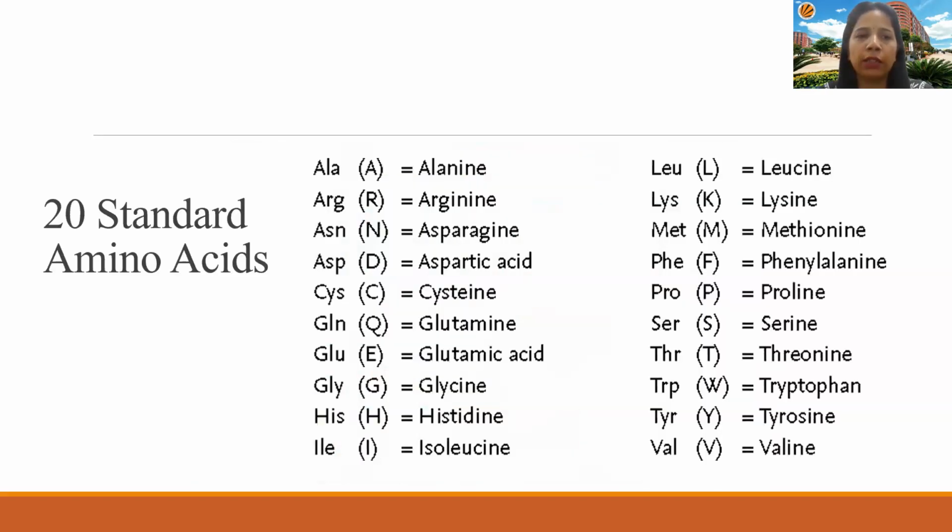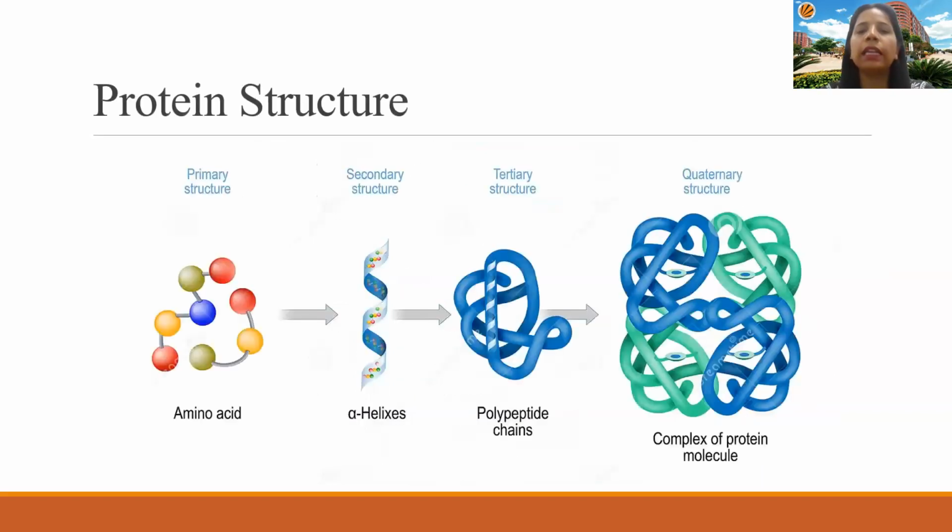So we have 20 standard amino acids, and the combination of these amino acids makes thousands and lakhs of combinations. It can ultimately lead to different types of protein. As we have studied in DNA, there are only 4 nucleotides, and with the combination of those 4 nucleotides, there can be an infinite number of combinations.